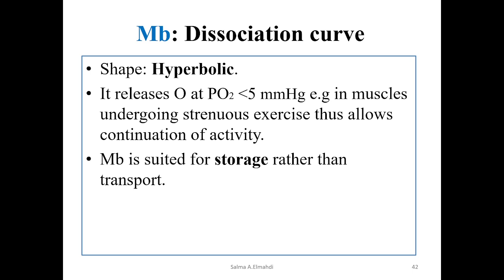So it will release this oxygen at very low oxygen levels of less than 5 millimeters of mercury. So myoglobin is suited for storage rather than transport.